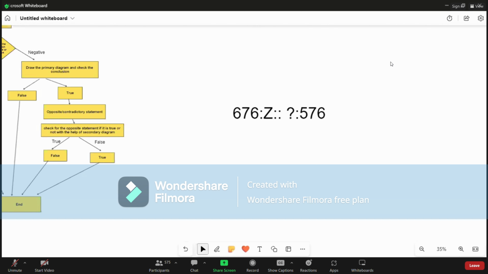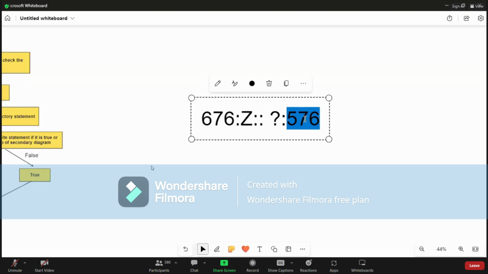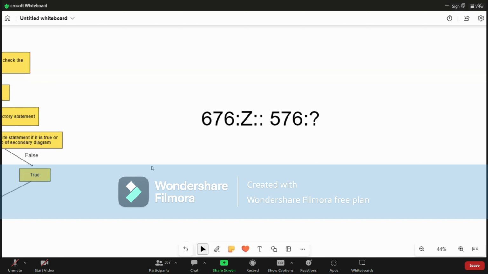Okay, so after this problem, can all of you try this problem first? So I'll start doing it. If 676 is Z, what is 576 related to?